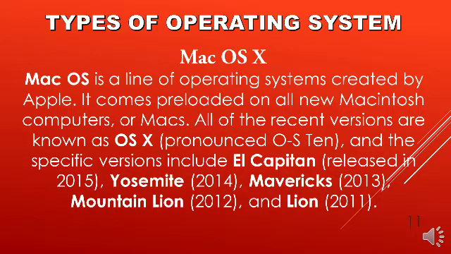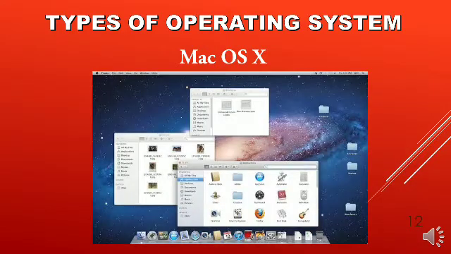All of the recent versions are known as OS X, and the specific versions include El Capitan, released in 2015, Yosemite in 2014, Mavericks in 2013, Mountain Lion in 2012, and Lion in 2011. This is the interface of Mac OS X.